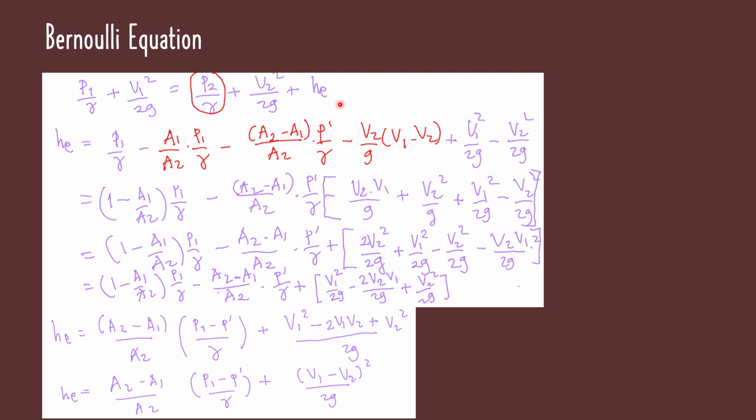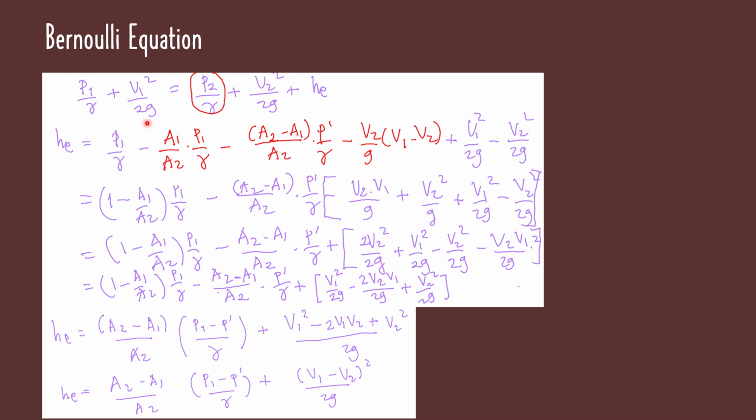So the total energy losses include HF, or major losses. It is because of friction. We ignore it. So the formula in the Bernoulli equation is plus HE, or minor losses.